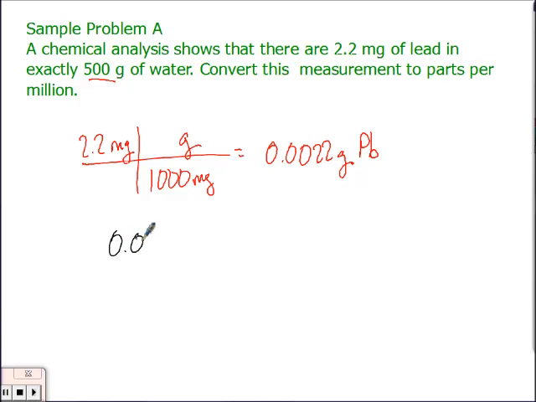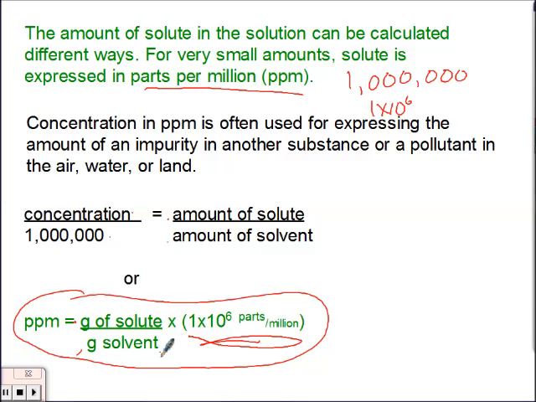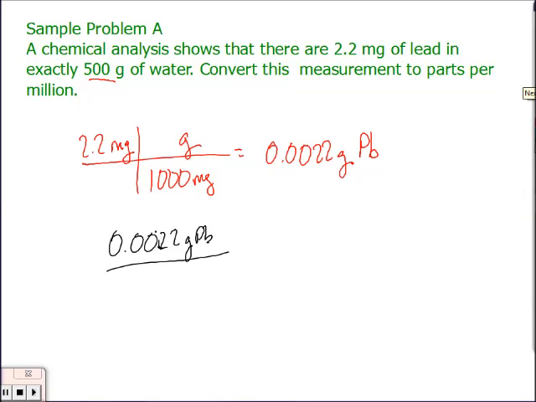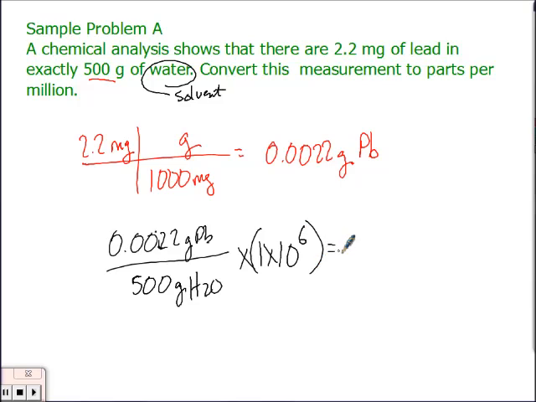So my grams of lead, 0.0022 grams of lead, divided by, remember, everything has to be in the same units, grams over grams. So my solvent is the water. That's what the lead is dissolved in. Times 1 times 10 to the 6th, so times 1,000,000. When I do that, I find that the concentration is 4.4 parts per million.